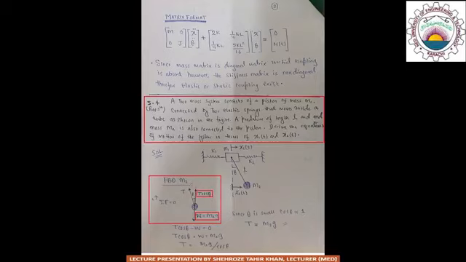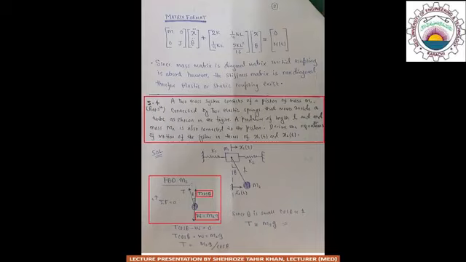Since the pendulum is oscillating with angular displacement theta, the tension force T has some angular components. After resolving the components in the vertical direction, the component of tension in the direction opposing the weight is T cos theta.